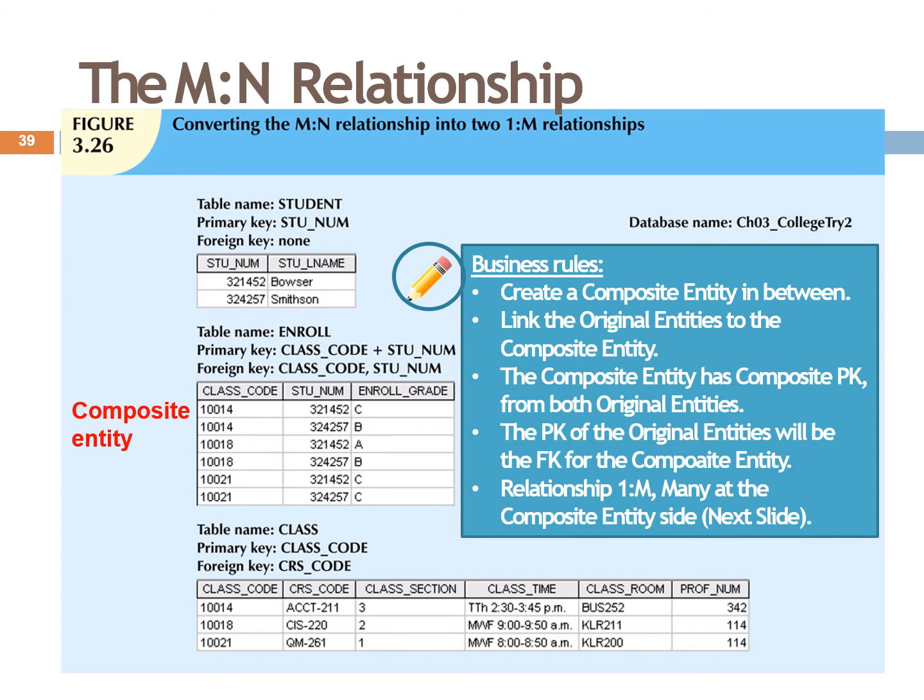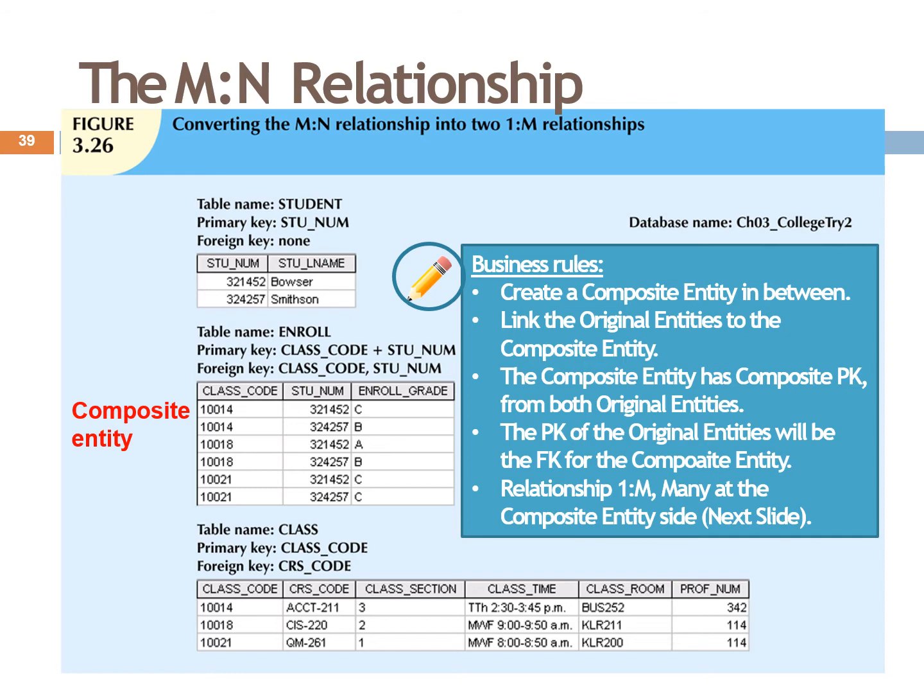And then as listed there, the composite entity has composite primary key from both of the original entities. If you look at the example, the name of the composite entity is enroll, and in enroll it has class code.